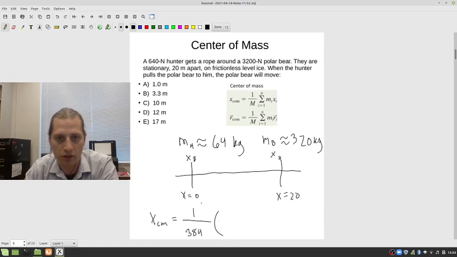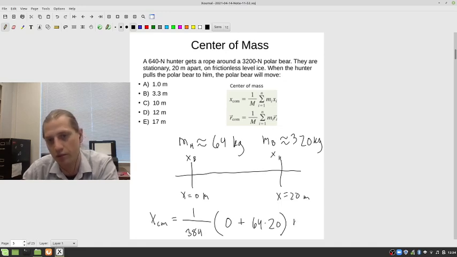So that would be 64 kilograms times 0 meters, so that would just be 0, plus the mass of my hunter, 64 times 20. Okay, I use good units in all of this, so it'll be in terms of meters. So you can go ahead and stick in the numbers.